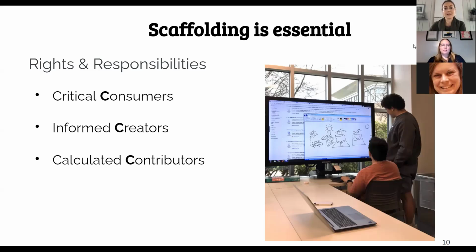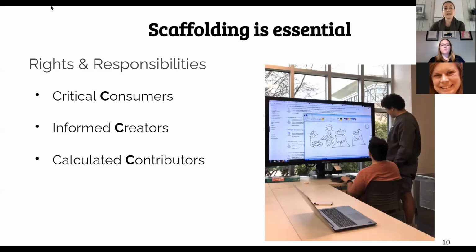And that really is to ensure that we are helping them participate in this project, both ethically and legally, educating them on copyright, fair use, open licensing, authors' rights. And you can see that I've organized the way that I've come to think about preparing our students into 3 buckets of helping them be prepared to be critical consumers, informed creators, and calculated contributors.